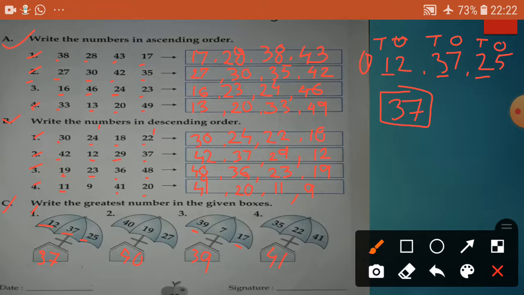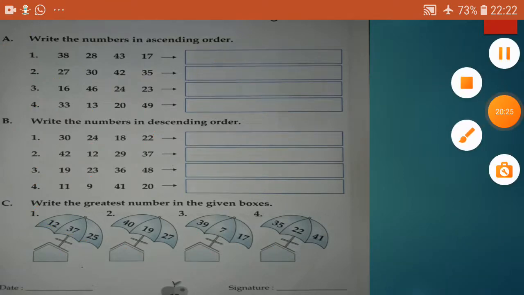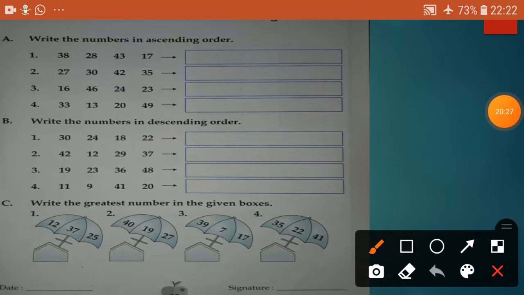Okay, every time you practice numbers 1 to 50, children, then you practice, you write tens ones. Now you write 1 2 3 4 5 6 7 8 9 10.